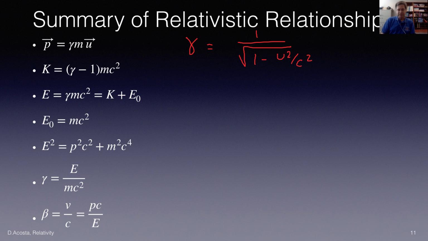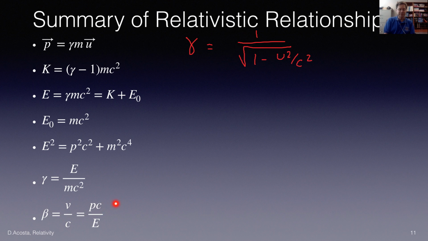We learned some shorthands, right? The Lorentz factor gamma is just the total energy divided by mc squared. So E over mc squared is a quick way to get gamma. And then we can use the Greek letter beta to represent v over c, or for the cases where I used u for the velocity, u over c. It's a dimensionless form of the velocity in terms of the speed of light.